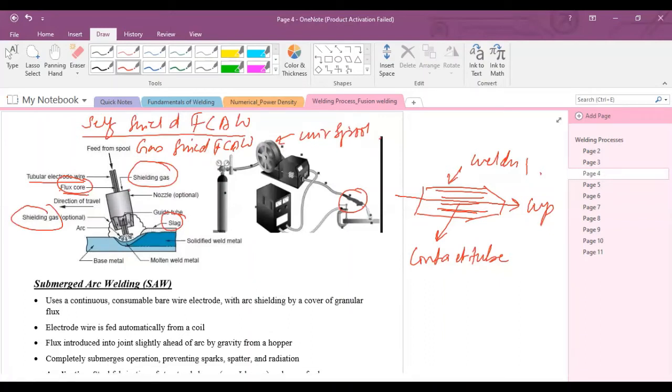One more thing, in gas shielded flux core arc welding, the deposition rate is very high, which makes the weld very strong. And in self-shielded flux core arc welding, straight polarity is used, and in gas shielded flux core arc welding, reverse polarity is used.